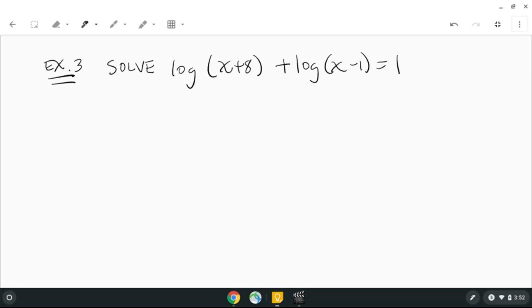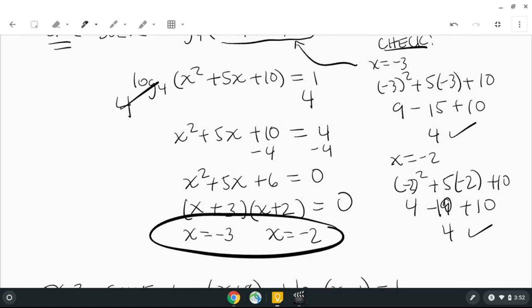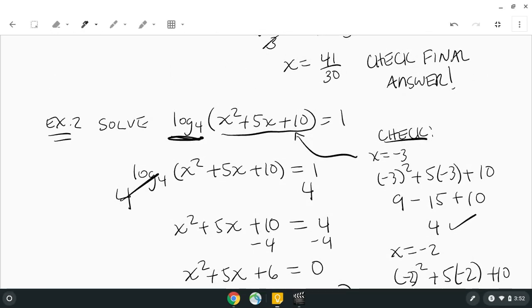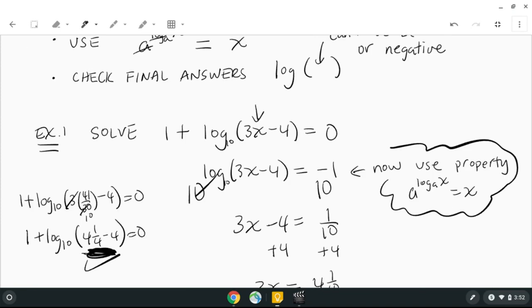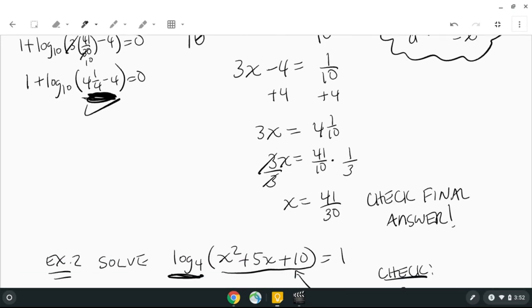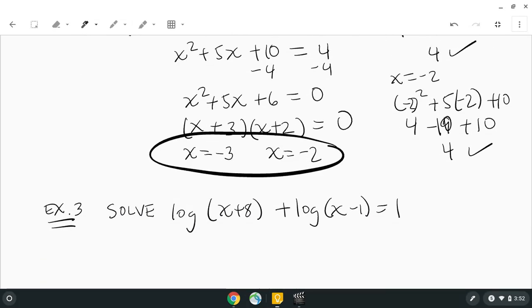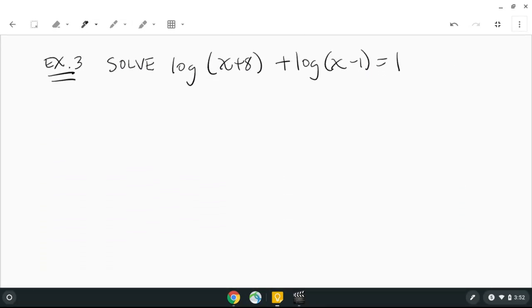If you notice, in the previous examples, you only had one log. Same thing with this one up here. But in this next example, you'll see that I have more than one log. I have 2. So that's too many logs.